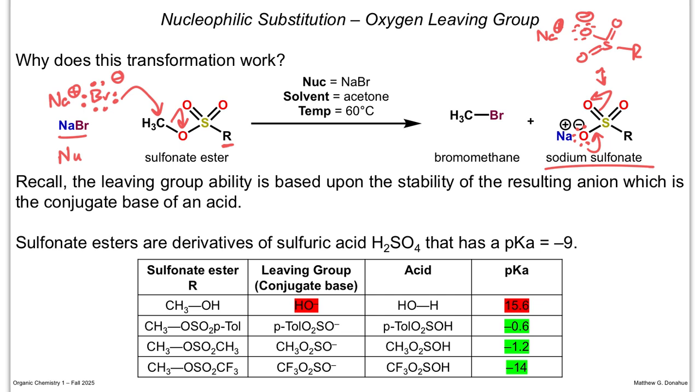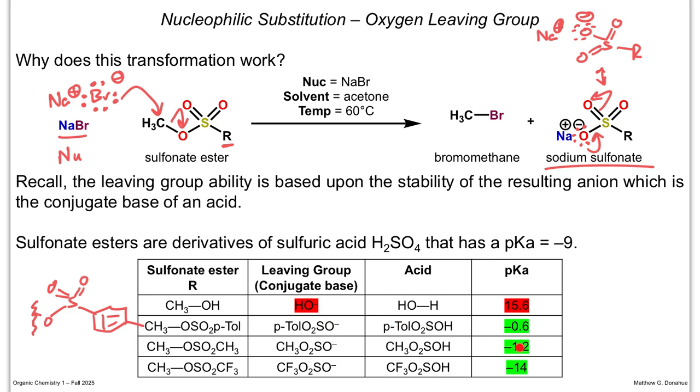This first one has the form p-tol. That's what this p-tol means. That means para-toluene. So R is this benzene ring with a methyl group. And the leaving group is this thing. The conjugate acid is just where you're protonating that.